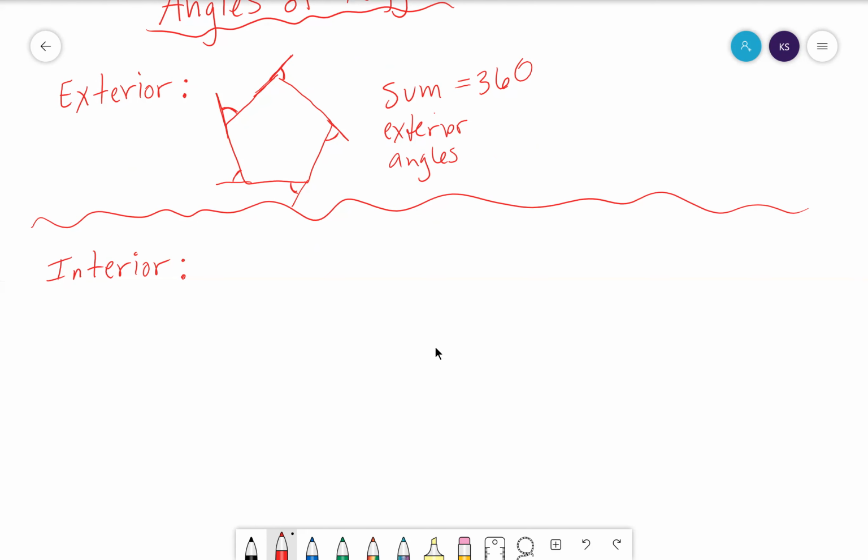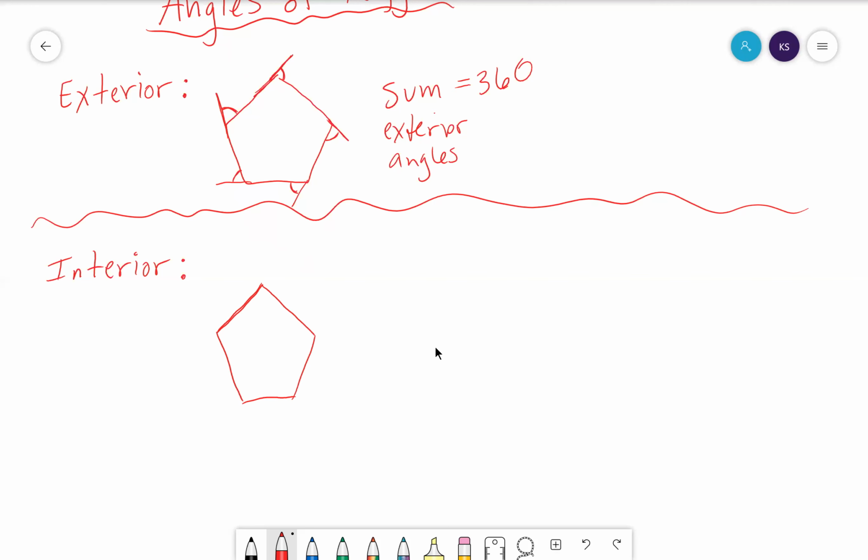Okay, now the interior angles, and this is really what is going to go for this week. All the practices are over this, the quizzes are over this, so this is where you really got to pay attention. So interior angles, okay, we'll again go with our pentagon here, and I'm trying the best I can to draw a regular pentagon, and that just means that all the sides are all going to be equal, okay?